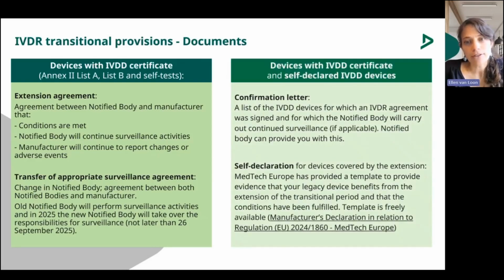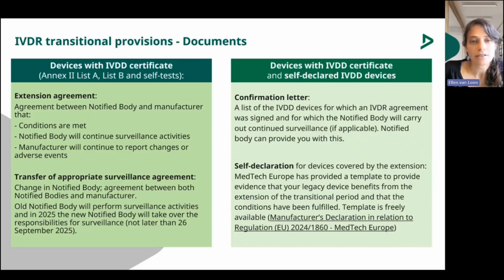And there are two other documents. These are not obligatory, but it's sometimes asked by third parties. And these documents are for devices with IVDD certificate, but can also be for self-declared IVDD devices. So it's a confirmation letter. So this is a list of the IVDD devices for which an IVDR agreement was signed and for which the notified body will carry out continued surveillance if applicable.